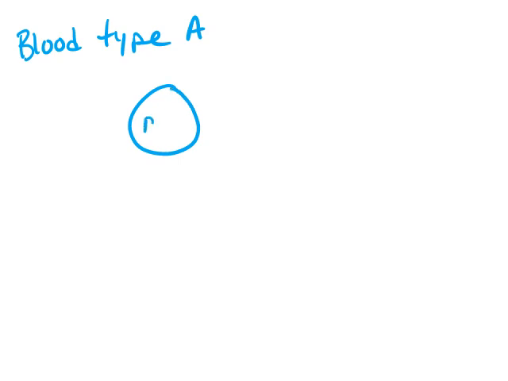So I wanted to go over this with you on a blank slide real quick. Let's say I'm blood type A. If I'm blood type A, here's my red blood cell. And what do I have sticking off of my red blood cell? I'm going to draw little triangles because the other one had triangles, right?